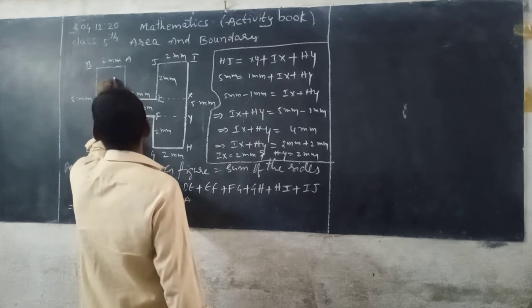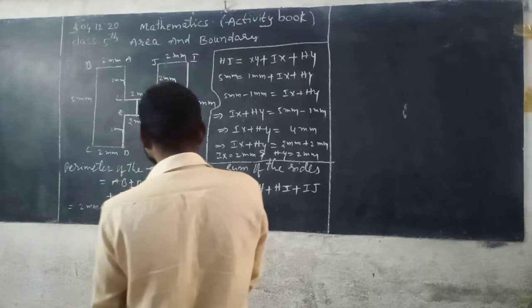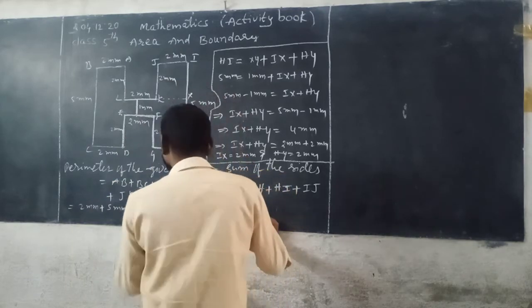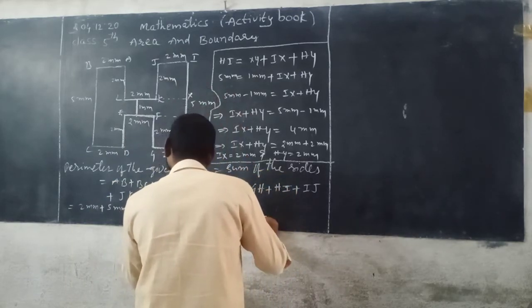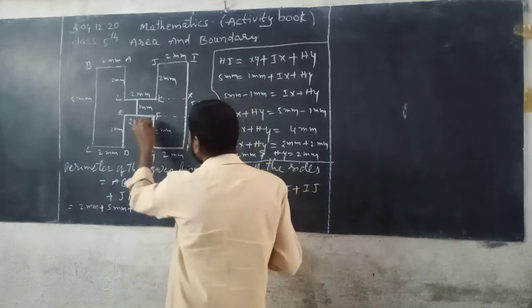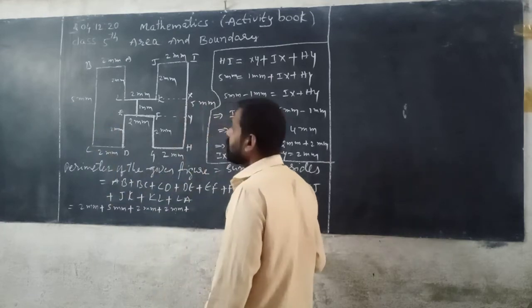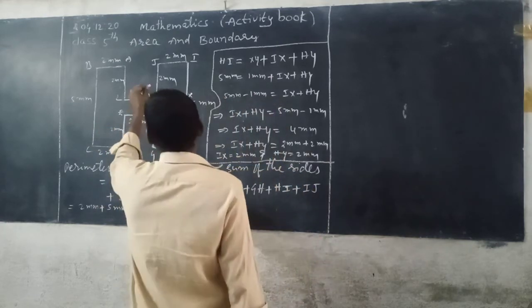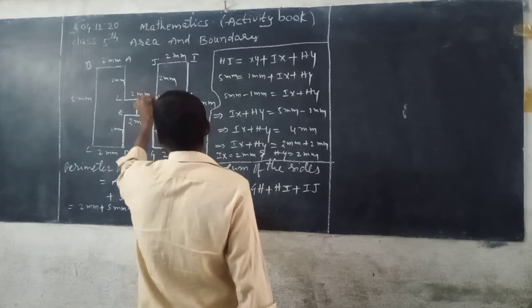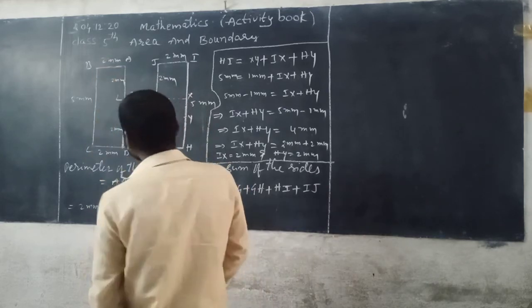This is also 2 millimeter. See here, DE 2 millimeter. So here GF is parallel to DE. Then this is 2 millimeter. Again JK is parallel to AL or LA. That is also 2 millimeter.